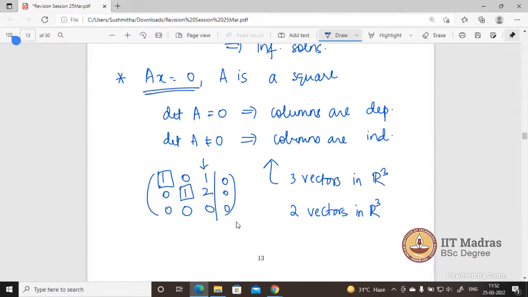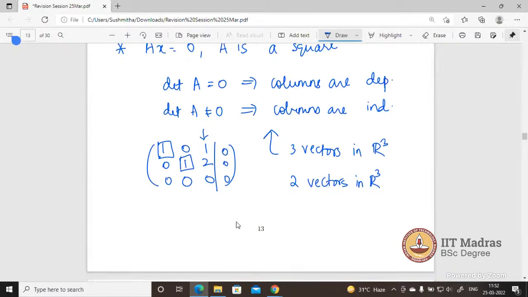Why we are writing it as AX equal to 0 is because it is homogeneous, right? If I have a set of vectors, say 3 vectors, and I want to find out whether they are independent or dependent, what I do is alpha 1 V1 plus alpha 2 V2 plus alpha 3 V3 is equal to 0, right?